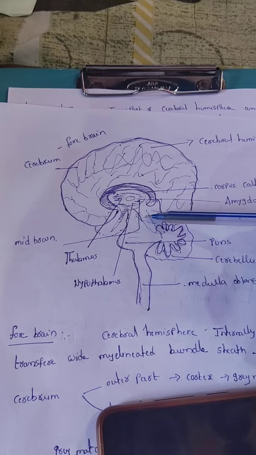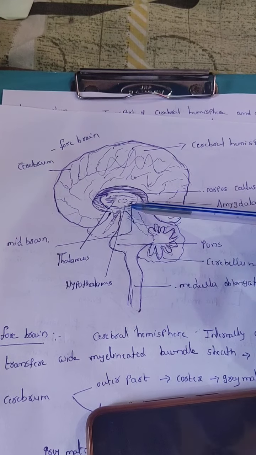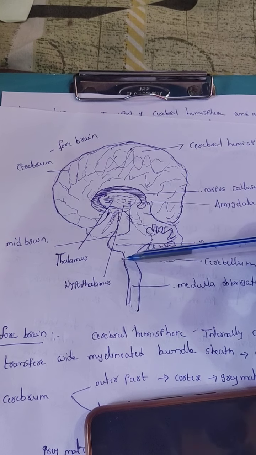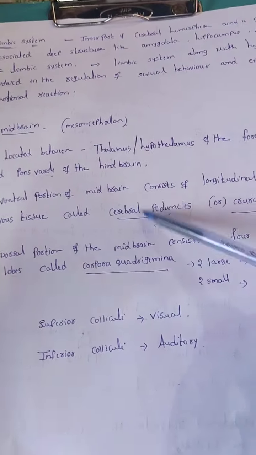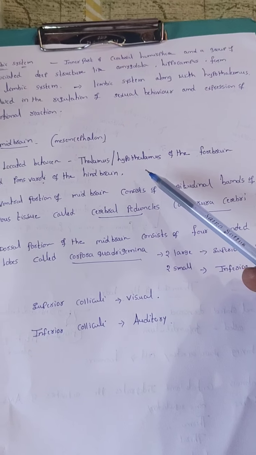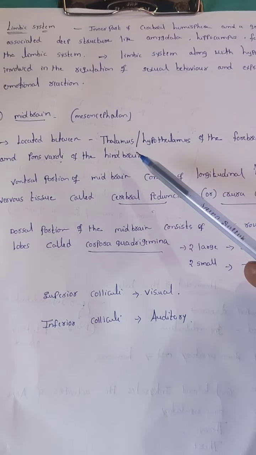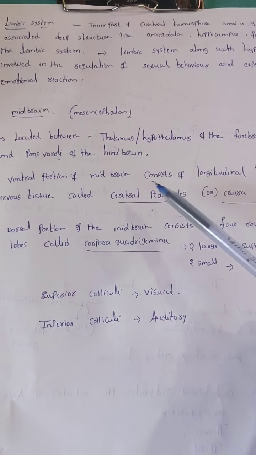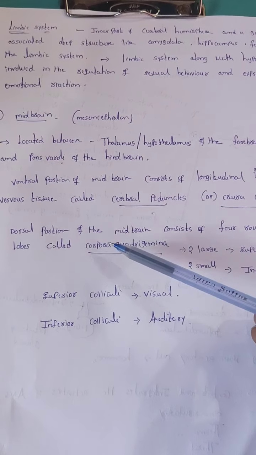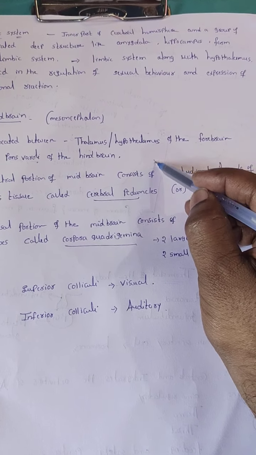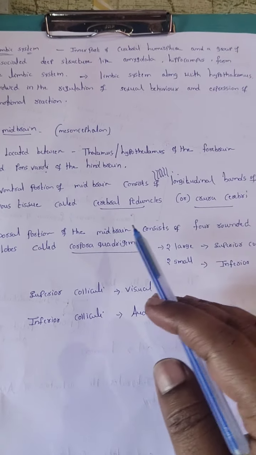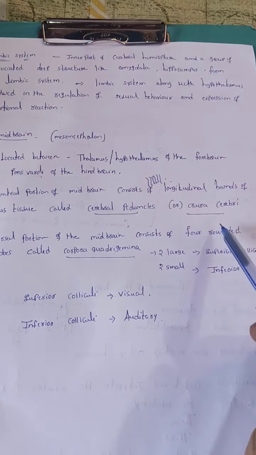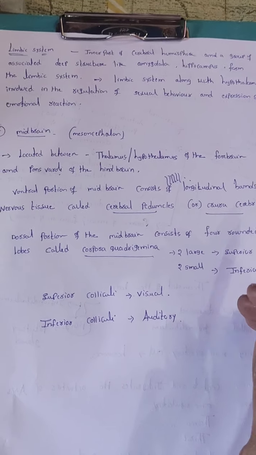This region is the midbrain. It is present between the thalamus and hypothalamus of the forebrain and the pons varolii of the hindbrain. In the ventral portion of the midbrain there are longitudinal bands called the cerebral peduncles, or crura cerebri.